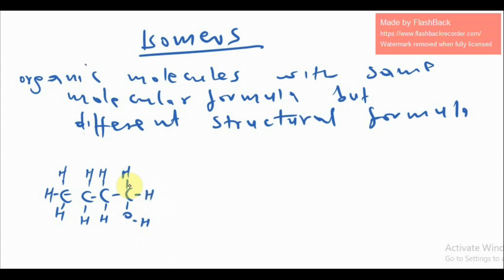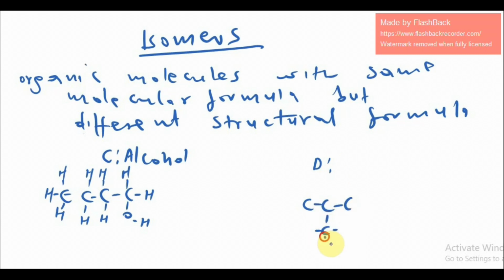Let's say this is compound C. Since OH is an alcohol, this compound is an alcohol. Then I have this compound D. Compound D has 4 carbon atoms.